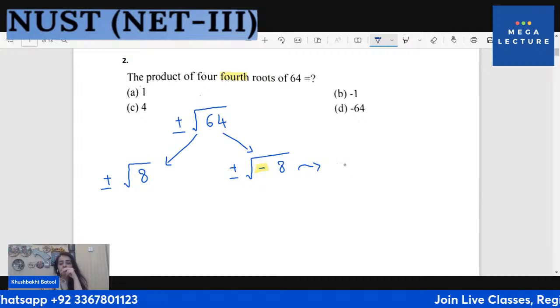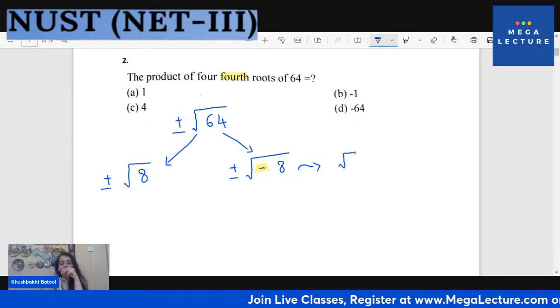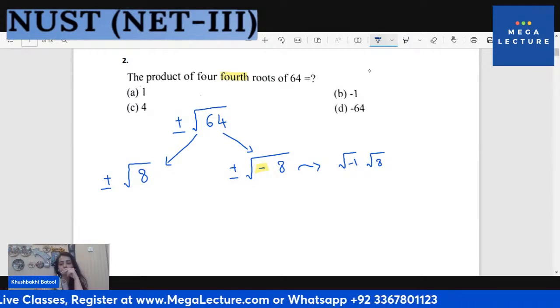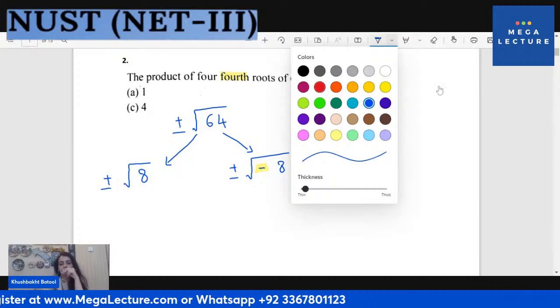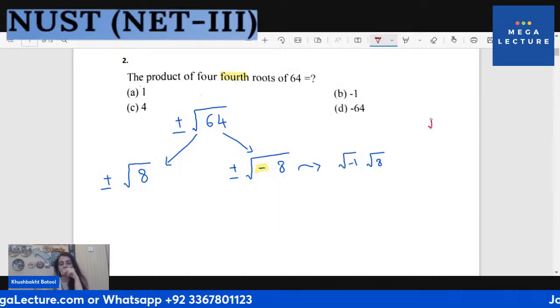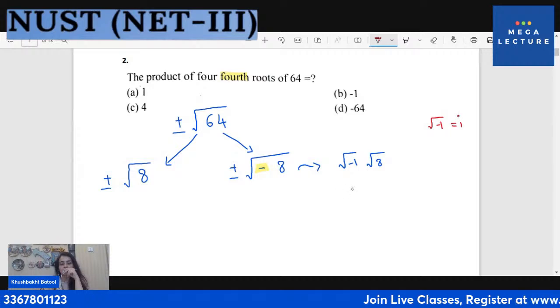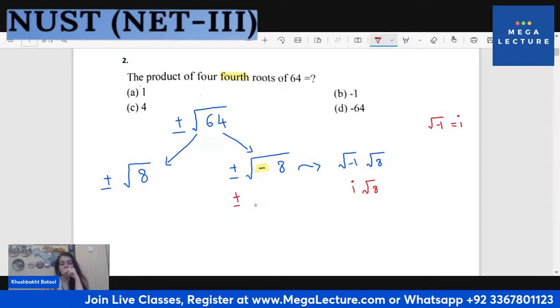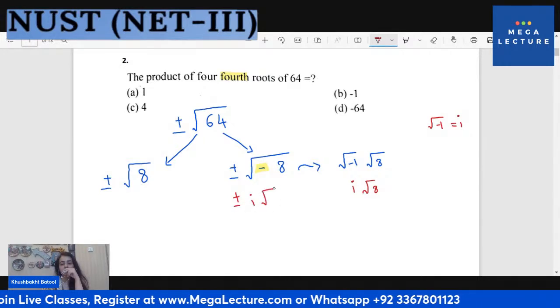Basically, I can write under the root minus 8 as under the root minus 1 and under the root 8, and we know that under the root minus 1 is basically iota. So I can write it as iota root 8. So this would become plus minus iota root 8.